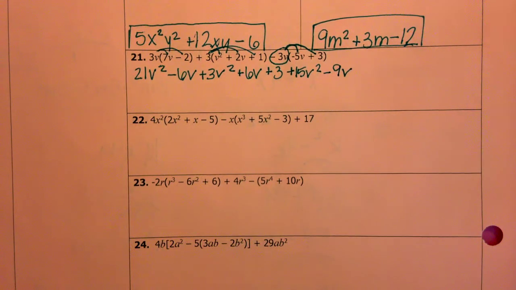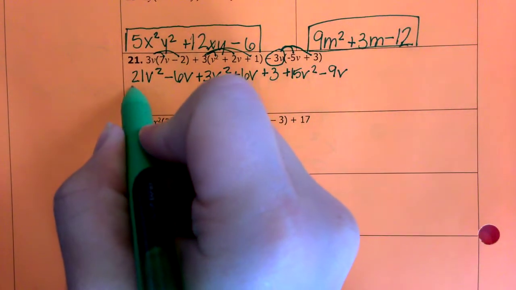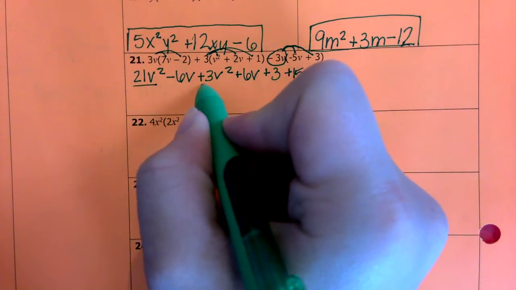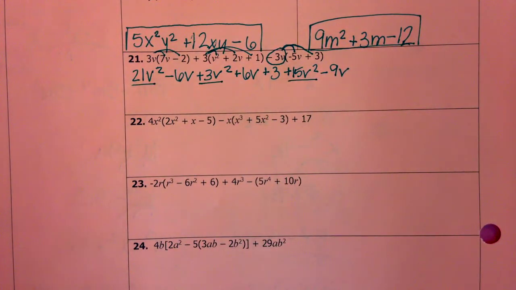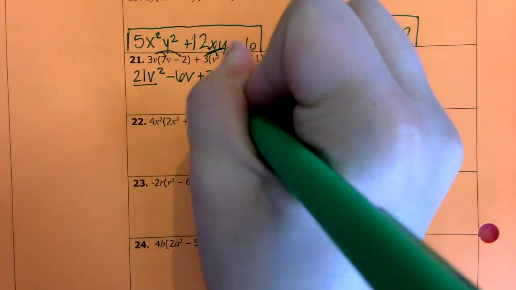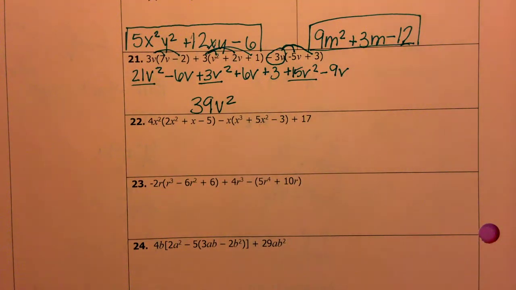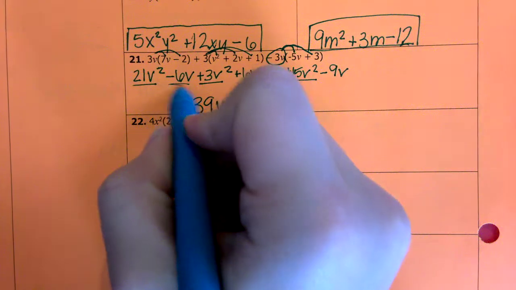Okay, now that I have this all going on, I need to look at what I have that's alike. Well, my highest exponent is a squared, so I'm going to take 21v squared plus 3v squared plus 15v squared. When I do that, that's going to get me a 39v squared. Okay, now that that's done, I look at my v's, and I have negative 6v.